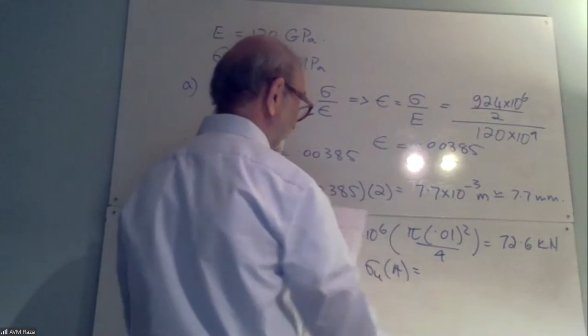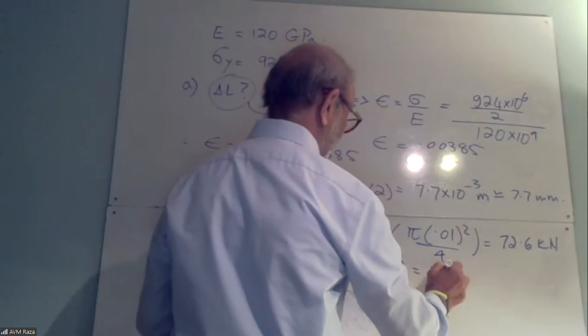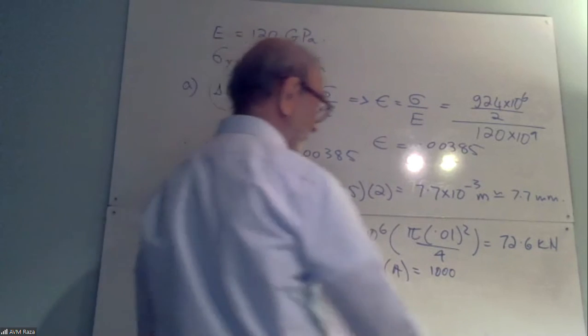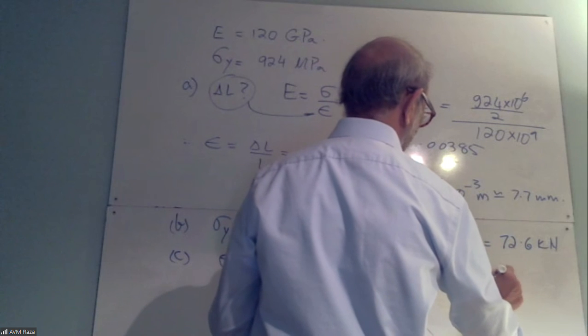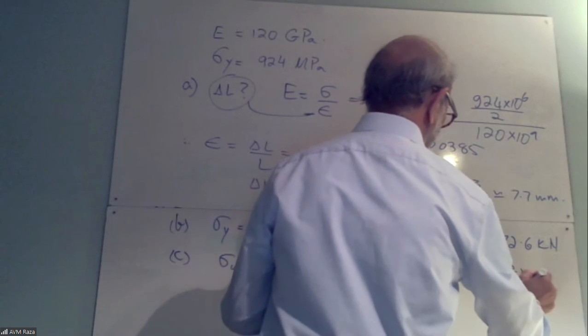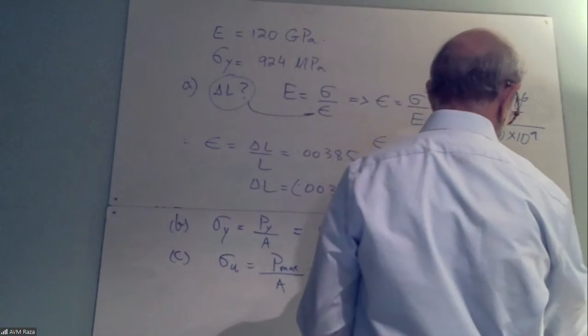Let me put the numbers: 1000 megapascals multiplied by the area, pi into 0.01 squared divided by 4, and this comes out to 78.5 kilonewtons.